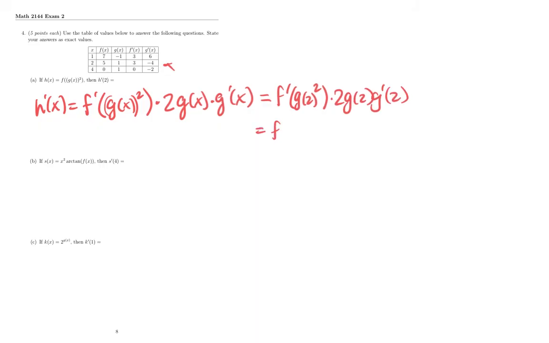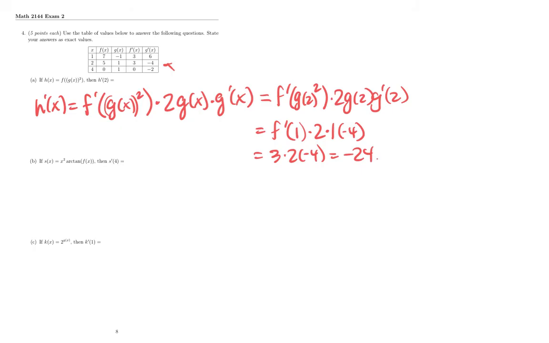So g of 2 is 1, so 1 squared is 1, times 2, g of 2, again, is 1, and g prime of 2 is negative 4. And f prime of 1 is 3. So this is 3 times 2 times negative 4, which gives us negative 24.